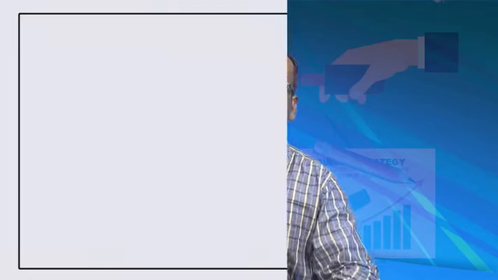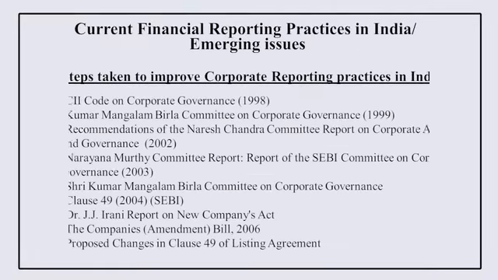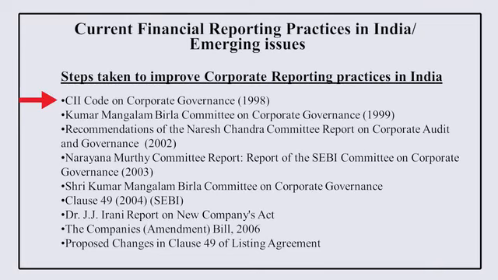These corporate scandals create an adverse effect in the minds of users about whether to invest money in the corporate sector or not. To protect the interest of investors, the Government of India and the regulatory bodies, starting from 1998, first introduced the CII Code of Corporate Governance to improve corporate reporting practices.